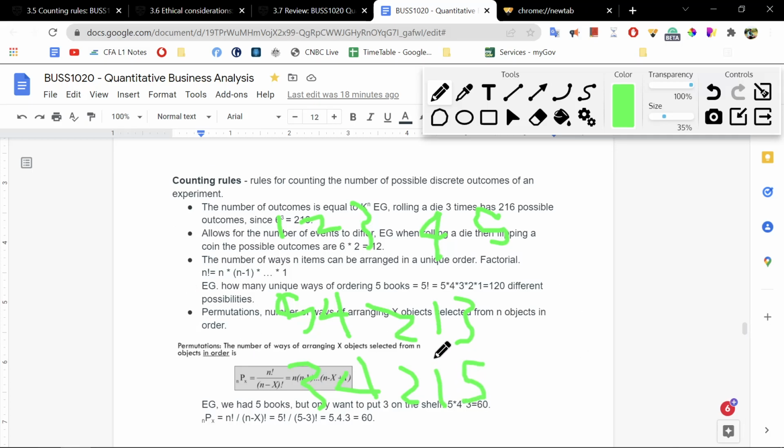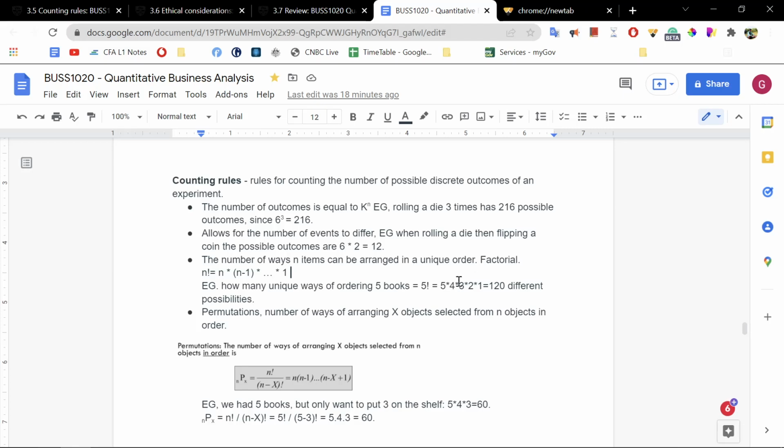There are many different ways and combinations that we could arrange these 5 books. Now, what the factorial tells us is how many different ways we could arrange these books in a unique order. So if we have 5 books and we want to order them in unique orders, then we do 5 factorial.